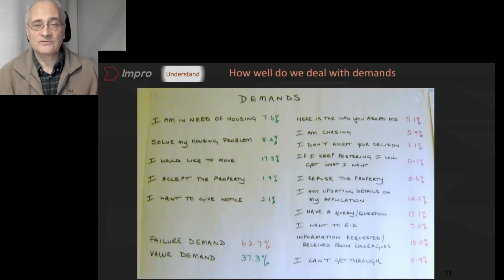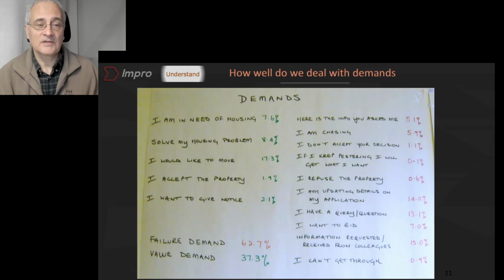One of the things that we do first quite often is we look at the demands coming in, and we record those and we categorize those, and we understand that there are some demands which we will call value demands, the demands that we're here for, and we've got some demands which are failure demands, which are the ones that the way that the design of our service has caused people to create.